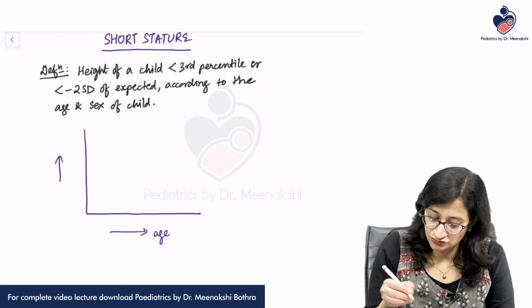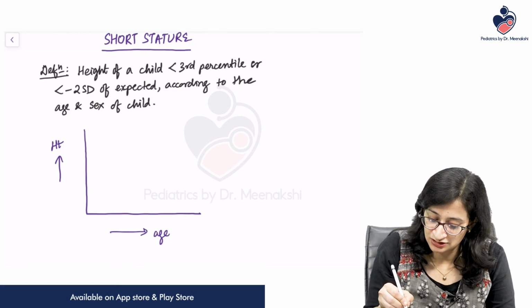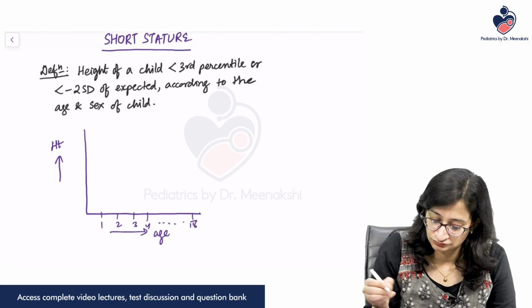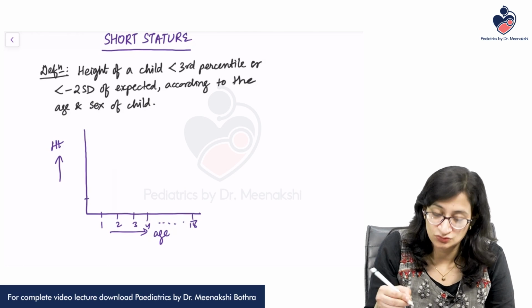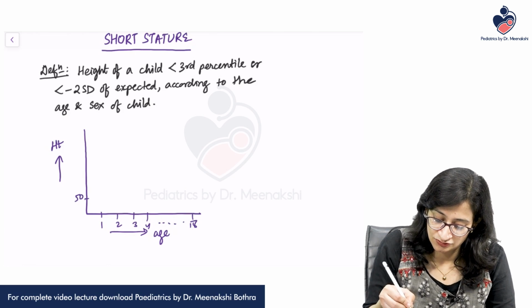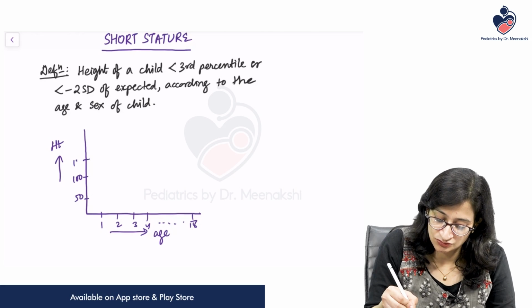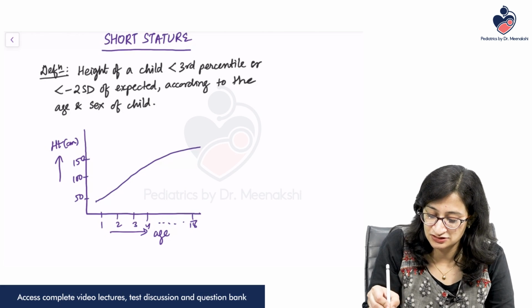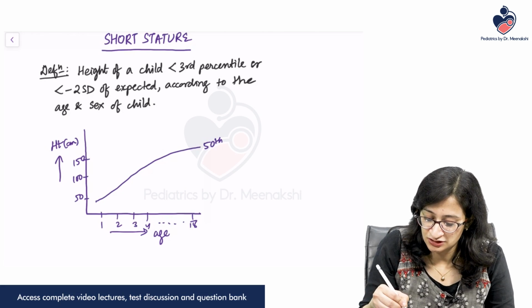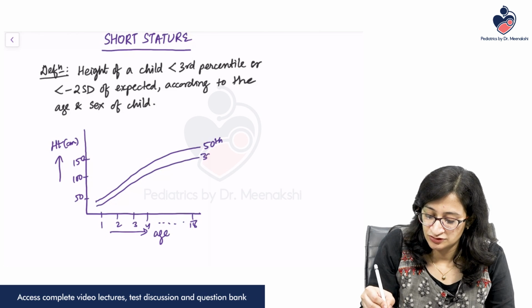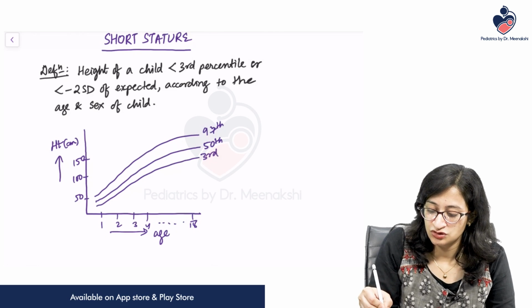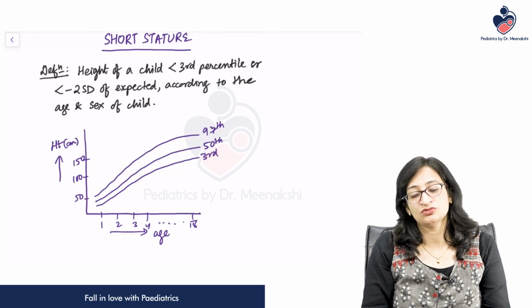So if this is the age of the child, this is the height of the child, say, just for example, 1 year, 2 years, 3 years, 4 years, and so on. 50 centimeters, 100 centimeters, 150 centimeters, and so on. And you have lines like this: 50th percentile, third percentile, 97th percentile, or you can use the standard deviation growth chart.